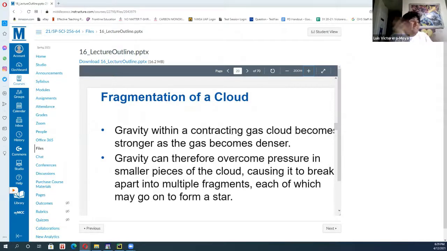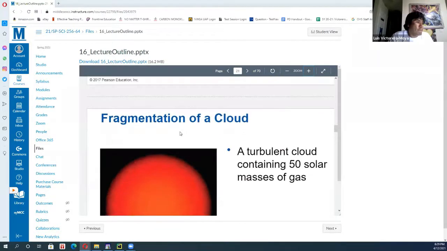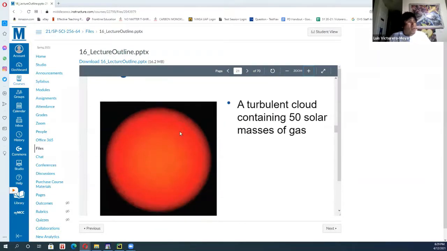And then this can start breaking the cloud into smaller pieces. Then you have more fragments. So a turbulent cloud can contain approximately 50 solar masses of gas. All right. That's for a cloud that is already unstable.